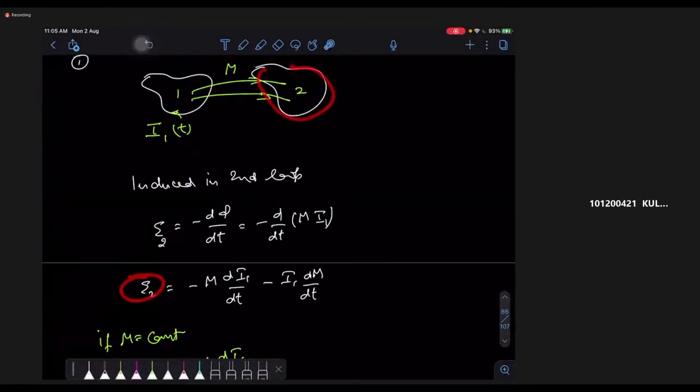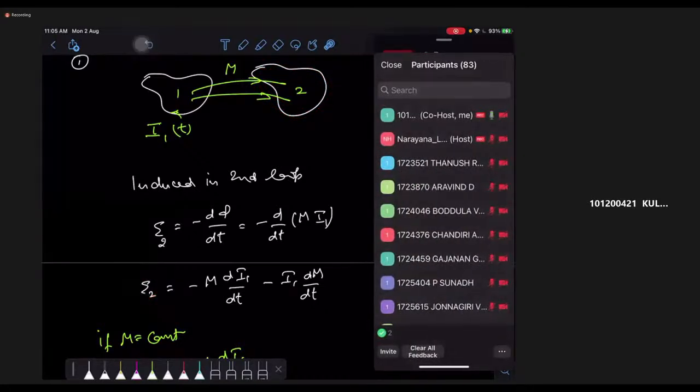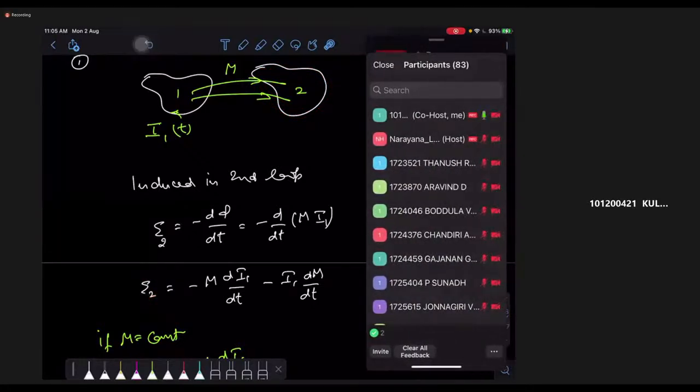If the EMF can be induced, current can also be induced, right? So the strange thing that happens is you will feel that the current is transferred to the second loop without touch. Without any contact, current has been transferred. So EMF is generated in the second loop by the change of my current in the first loop, or sometimes M can also change.